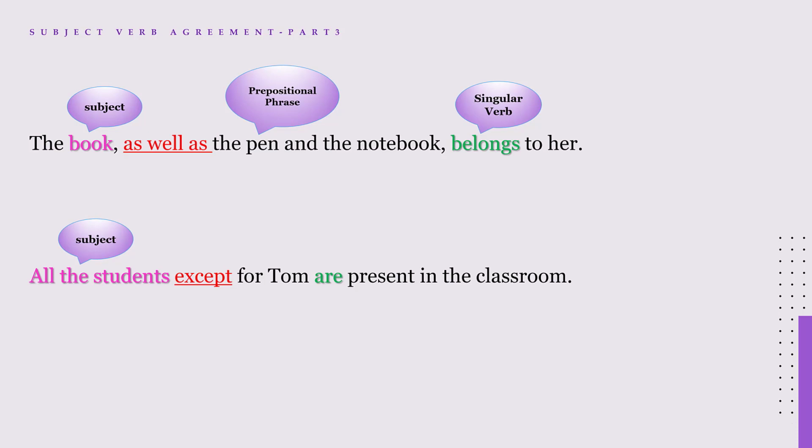Except for Tom is a prepositional phrase that provides an exception within the group of students. It specifies that one student, Tom, is not included in the group of students who are present. The verb is plural and agrees with the subject, which is students.